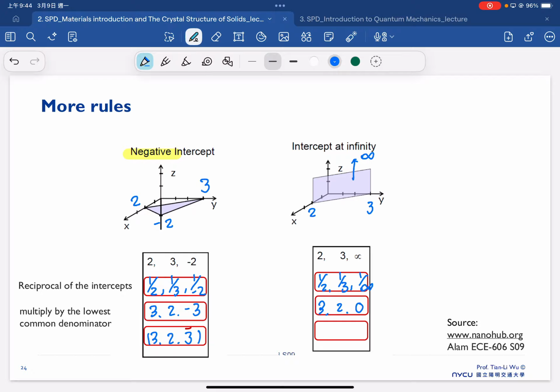So the Miller index for this particular plane is 3, 2, 0. Now you can probably see that as long as there's a 0 in a Miller index, it means the plane is parallel to a certain axis.